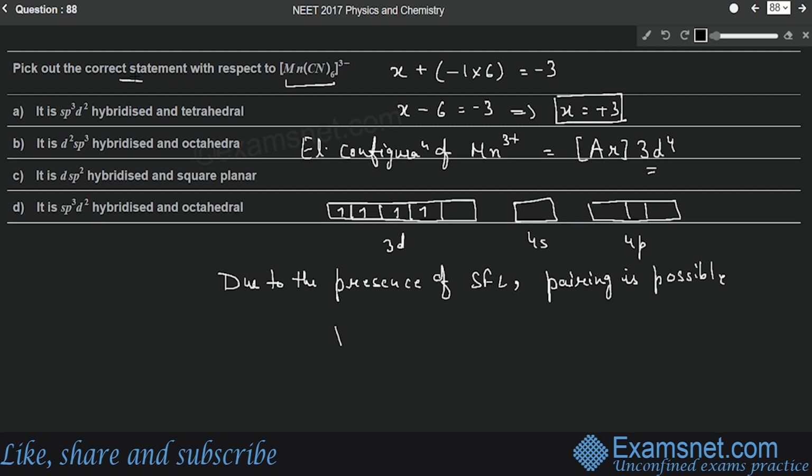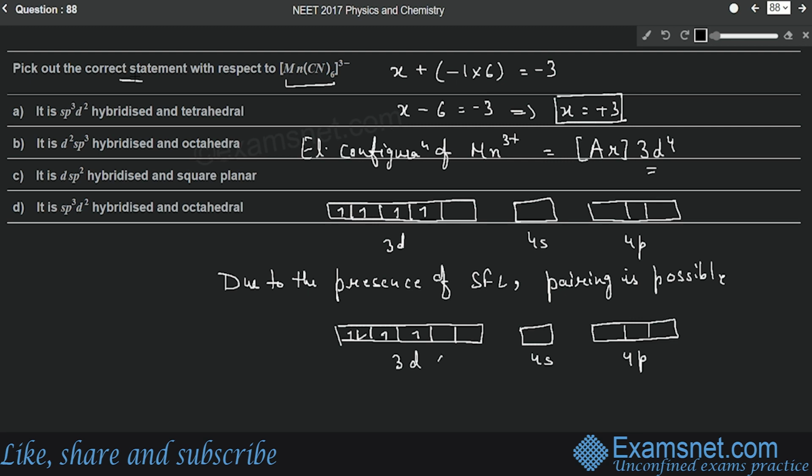So let's see what will happen after pairing. This is the 3d orbital, 1, 2, 3, 4, 5. Then we have 4s, that is completely empty, and then 4p, again completely empty. So one pair will be formed here, and then these two will be single. So we can see that two 3d orbitals are empty now, and 4s and 4p are completely empty. Now we have 6 cyanide ions here, so they will form coordinate bonds.